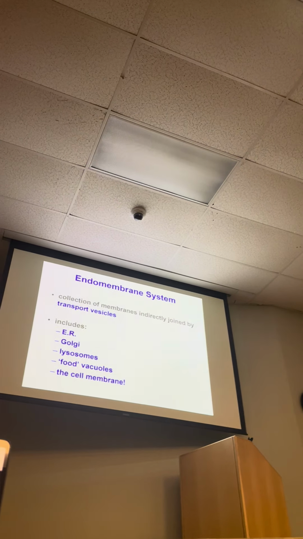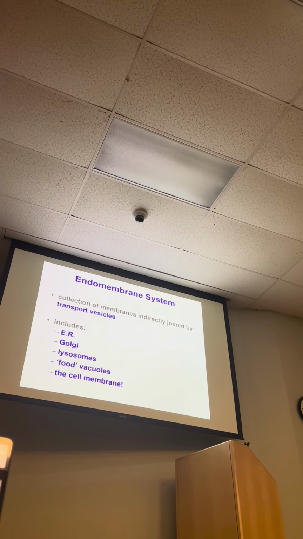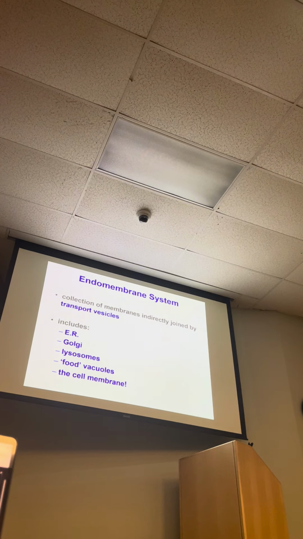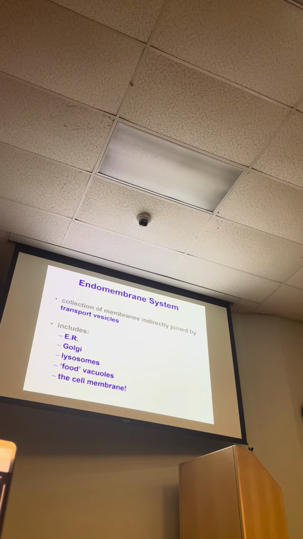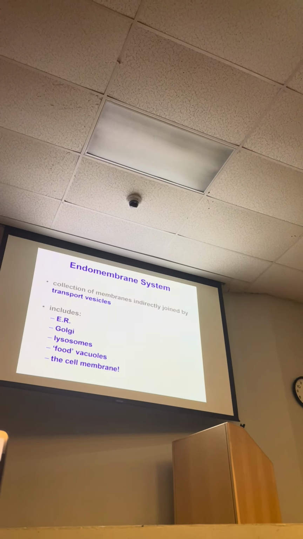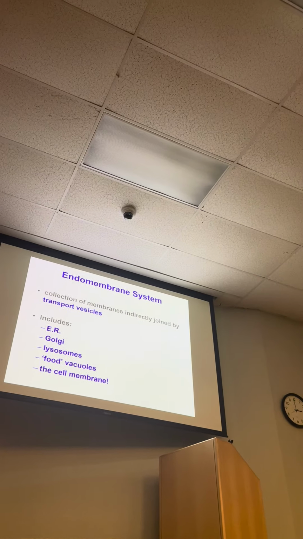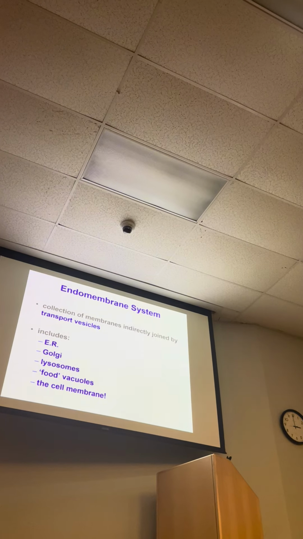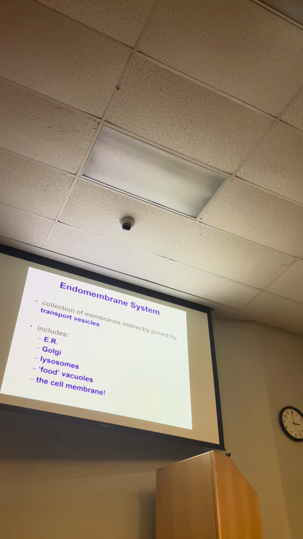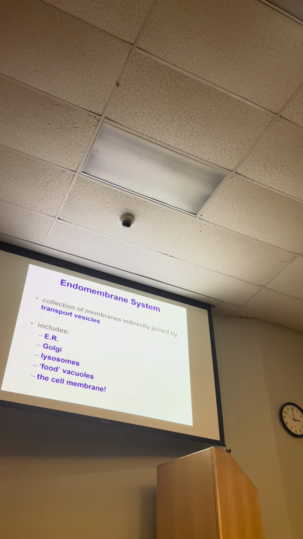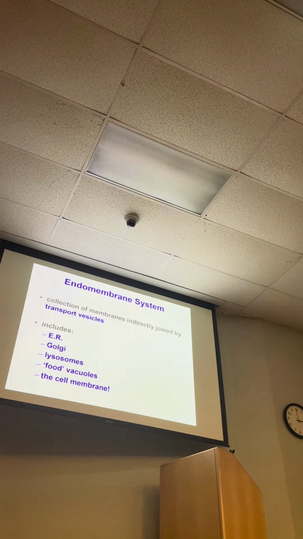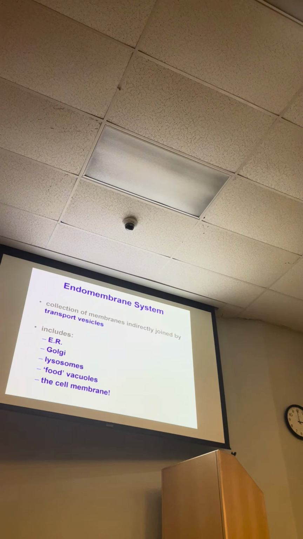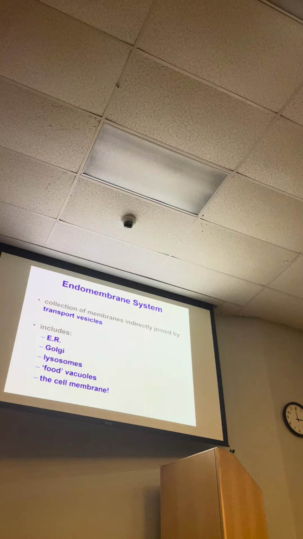All right. I think the next question then is, what is the system of membrane? Can you be more specific? Who is part of this club? Again, the ER, we just said. The Golgi, we just said. Lysosomes are part of the endomembrane system. Food vacuole, a very specific term, is also part of the endomembrane system. And the cell membrane. What does endo mean?